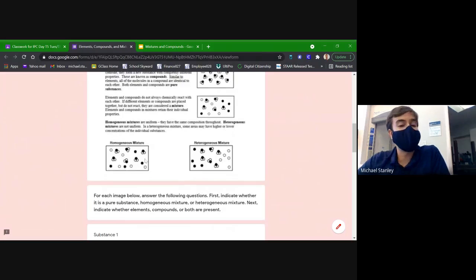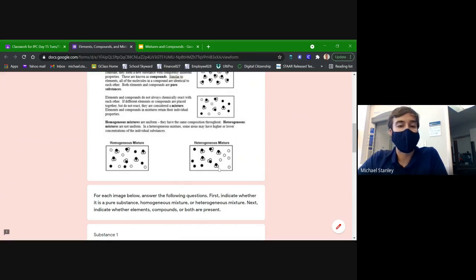We can have homogeneous mixtures where no matter where you go, you get about the same combination of atoms and elements. So in this case, our white atoms and our black atoms and our 2 white, 1 black compound are all here in about the same amount, spread out in about the same way. So that makes it a homogeneous mixture.